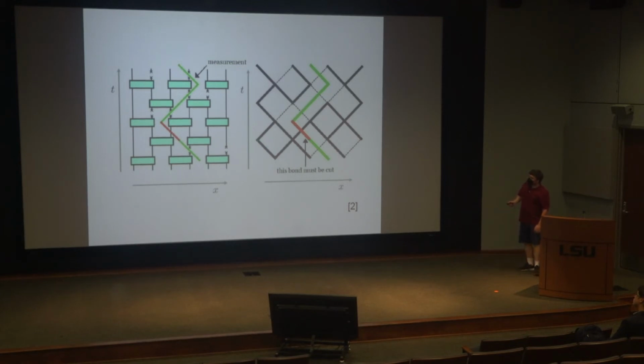And you could represent that in the lattice by removing this bond and replacing it with a dotted bond. That's how you can see this lattice to the right is starting to correspond to this quantum circuit.